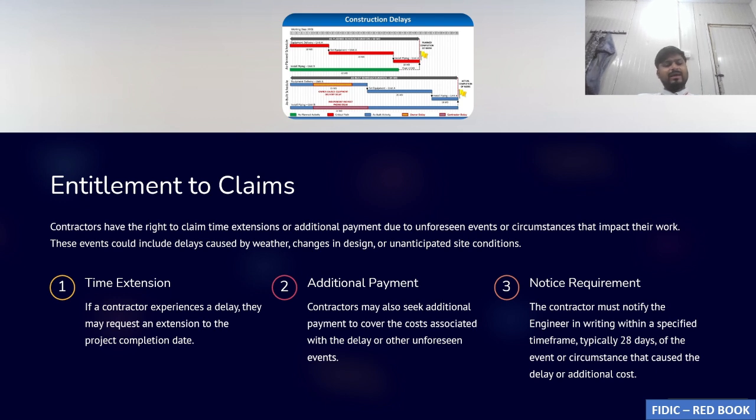That is why we are claiming for extension of time and additional payment. Make sure you remember 28 days. Within 28 days, in writing, the contractor has to notify the employer. If he fails to notify, there will be many other consequences that a contractor has to face, which we will see in subsequent slides.